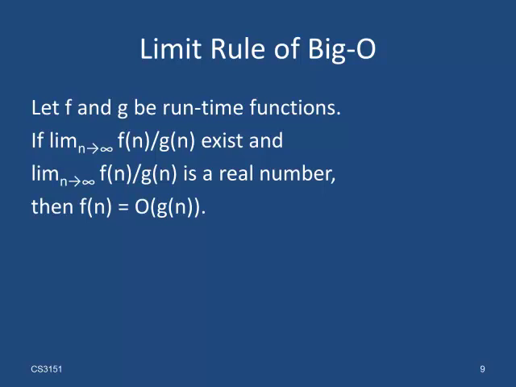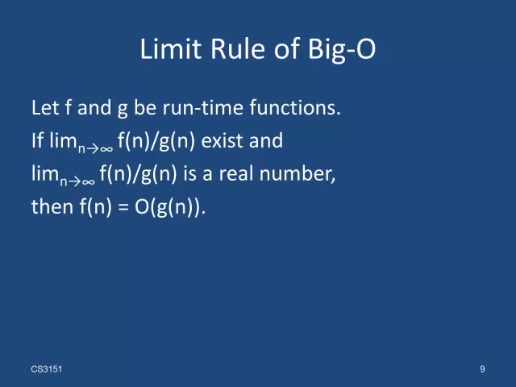If both functions have the same growth rate, then the fraction will converge towards a constant value if n gets larger. If g grows faster than f, then the fraction converges to 0 if n gets larger. So if the limit of f of n over g of n as n approaches infinity exists and is a real number, then f of n is O of g of n.